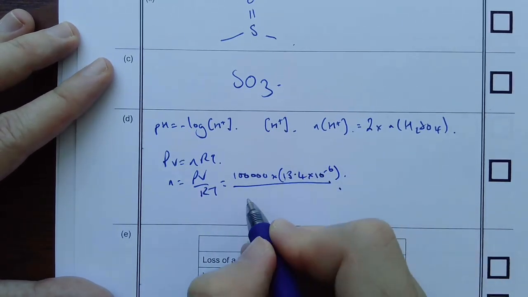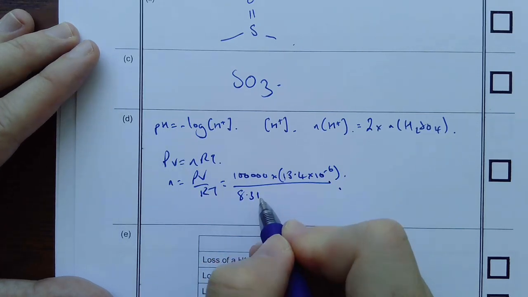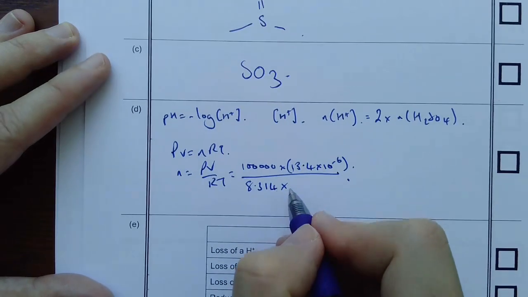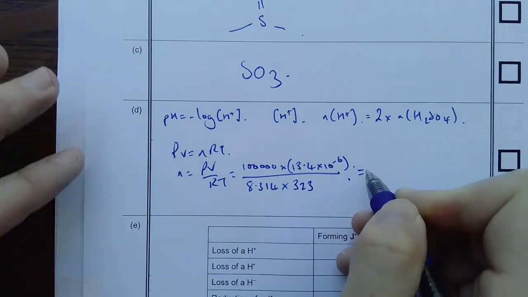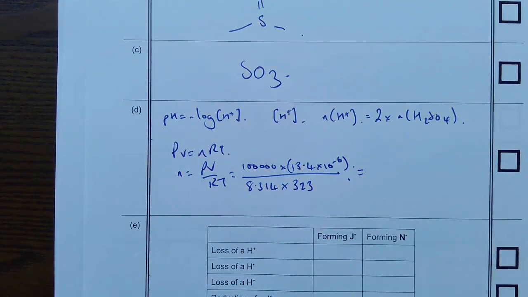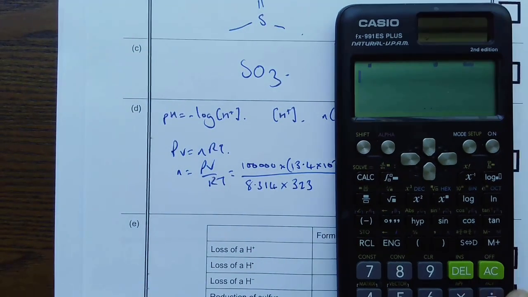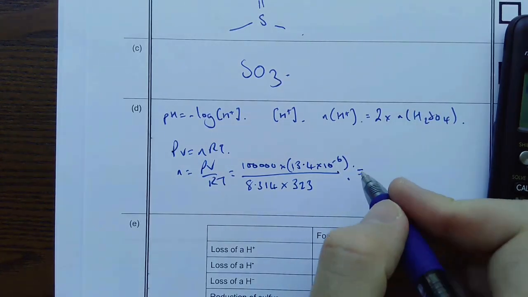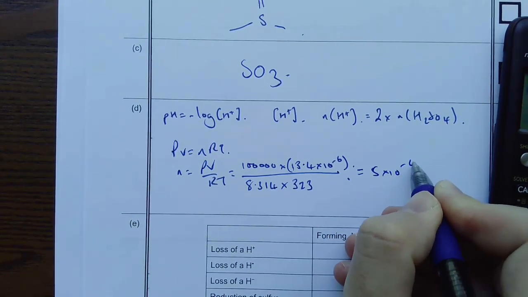R is 8.314, and temperature was given as 323. So if I do that calculation, 100,000 times 13.4 times 10 to the minus 6 divided by 8.314 divided by 323 gives me that. That's 5 times 10 to the minus 4.